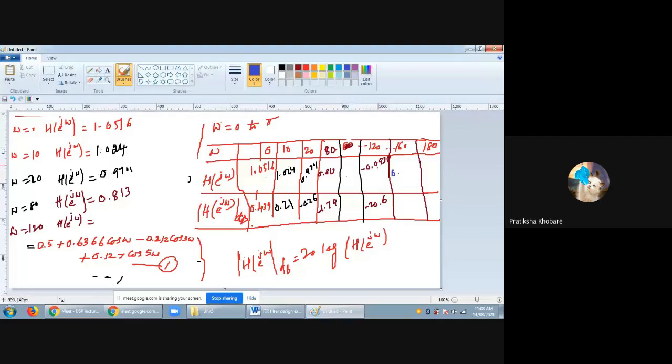Anybody? 0.029. 0.029. And its dB value is minus 30.75.